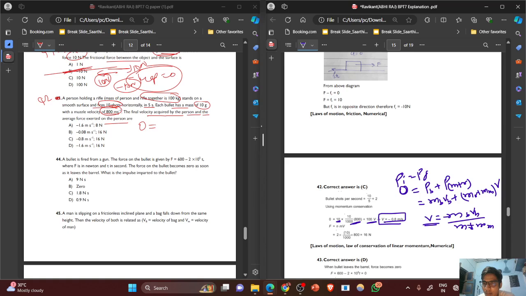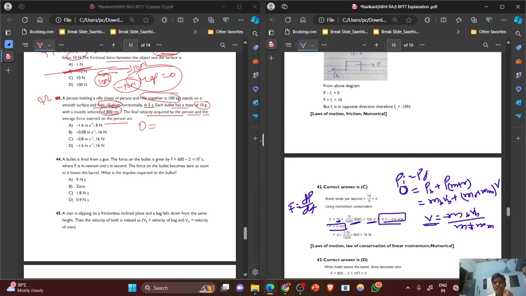Now you need to calculate the force. It is asking for the average force. So simply you can put average force equals dp by dt, change in momentum. Here average force is asked in a different way, so understand it in this way.